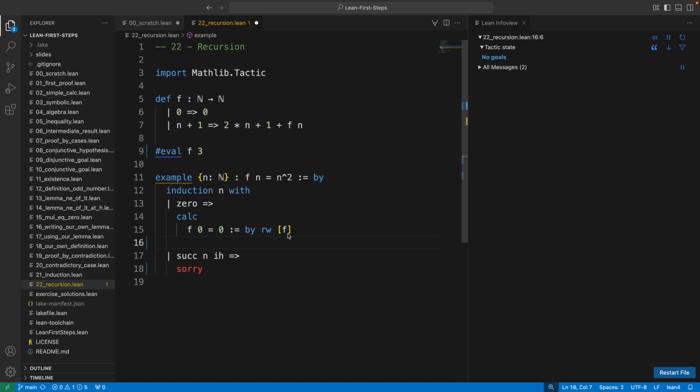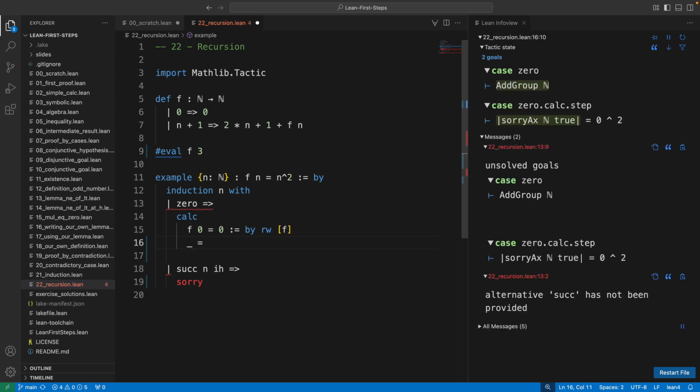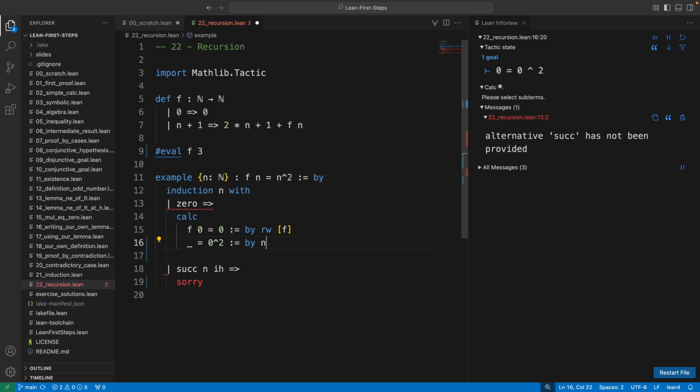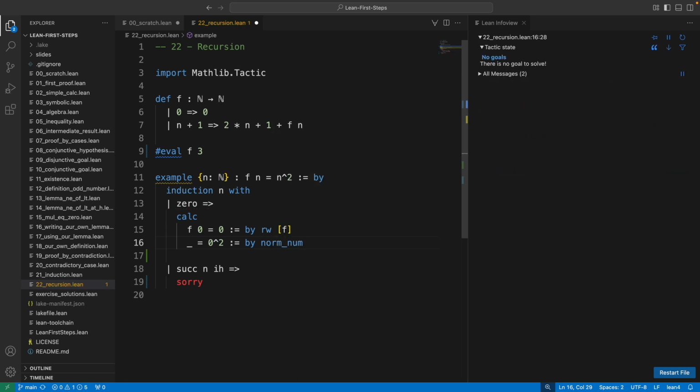So rw f will go and look inside f and find the appropriate row, the proper case, and pull back and use the right hand side or the left hand side if there is one. And then we can say that is indeed 0 squared, and that's by norm_num, which is just simple arithmetic. So that's great, we know that.